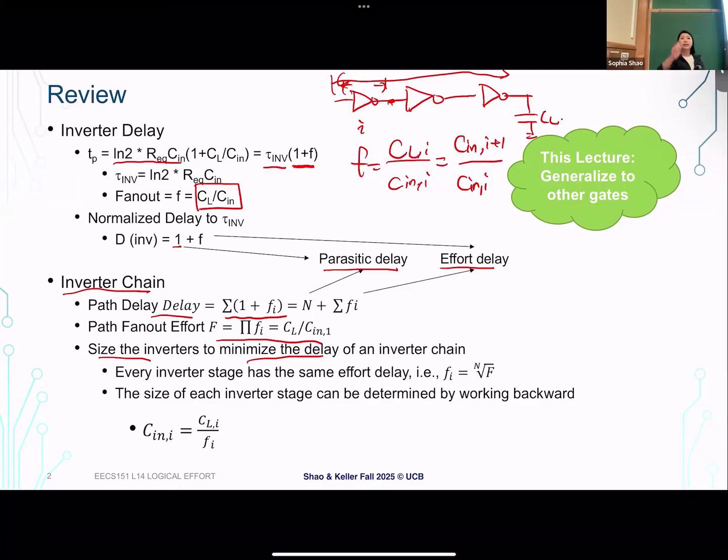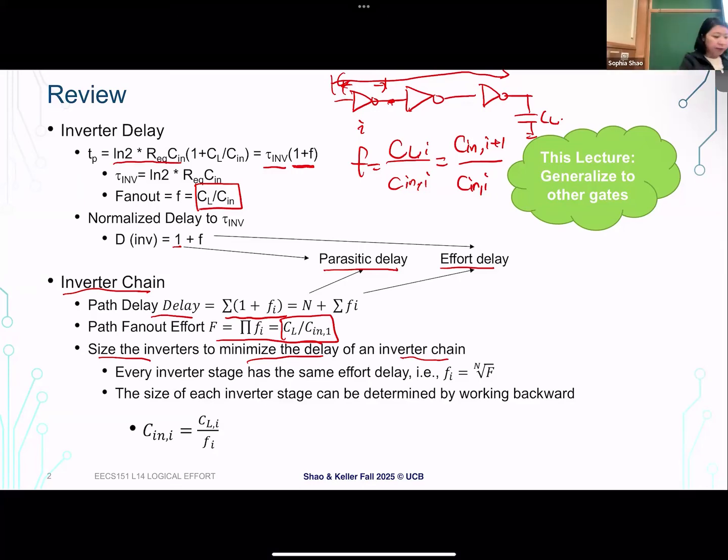We discussed, I think Connor mentioned last time, when we have the chain of inverters, the product, which is the fan out of the entire chain, is fixed, which is basically the overall load capacitance divided by the input capacitance, right? So the product of the terms is fixed. I want to minimize the sum, right? The sum of the terms we want to be minimized.